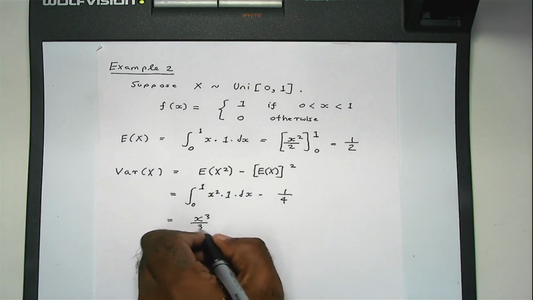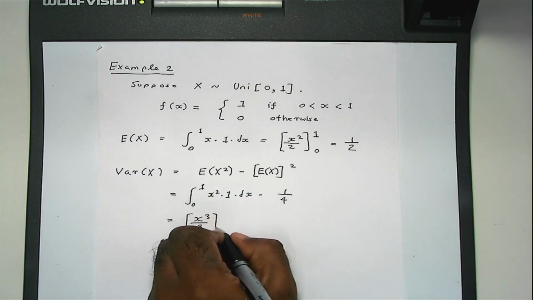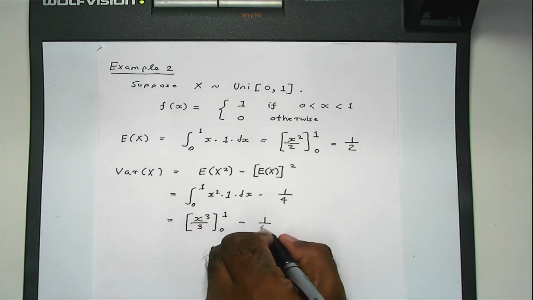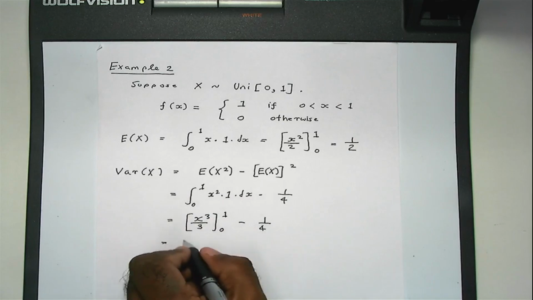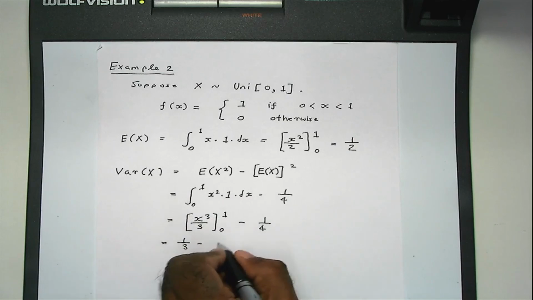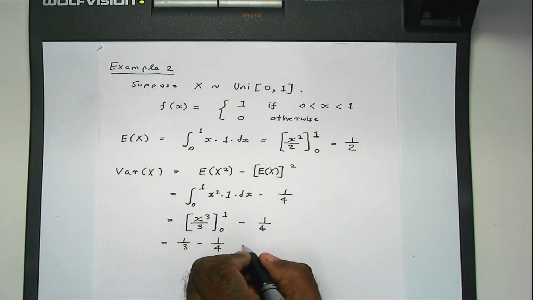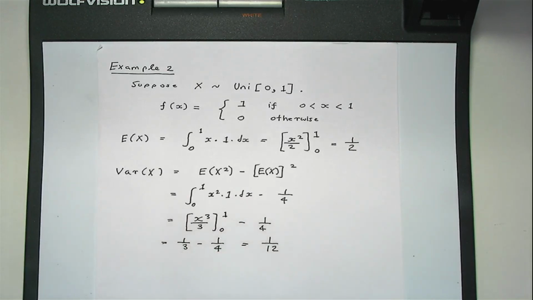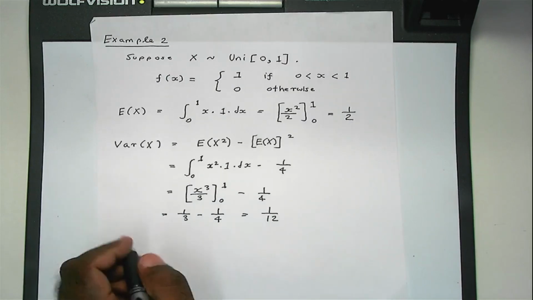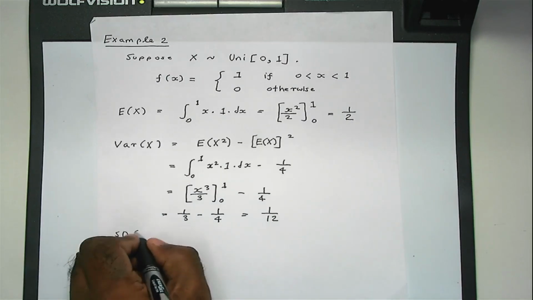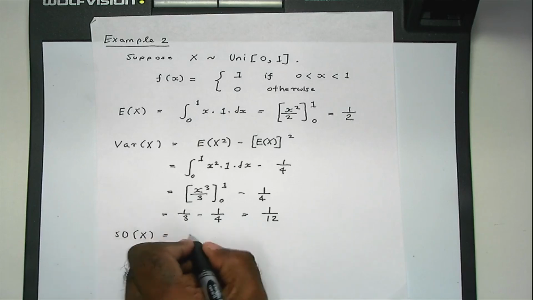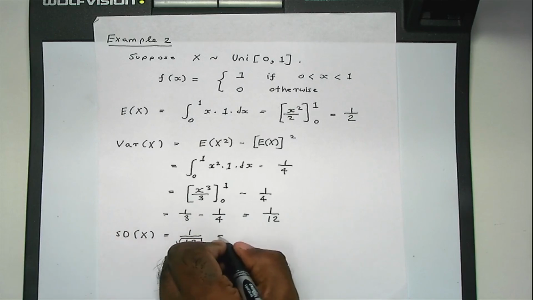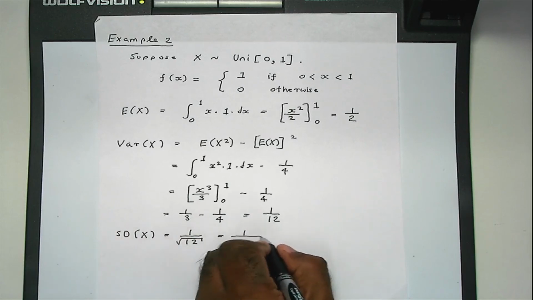Take the limits from 0 to 1, minus a quarter. So this is a third minus a quarter, and this is equal to 1 divided by 12. Okay? And the standard deviation is the square root of the variance, so it's 1 divided by the square root of 12. You can simplify this to 1 divided by 2 times the square root of 3.